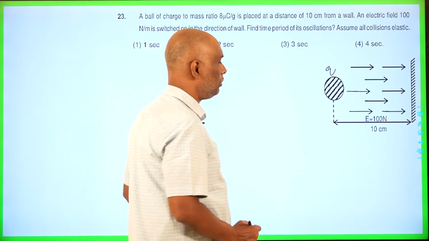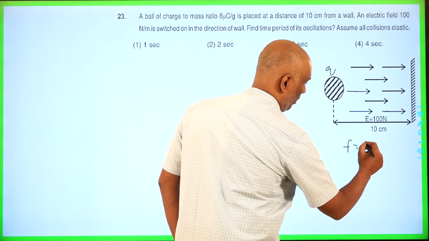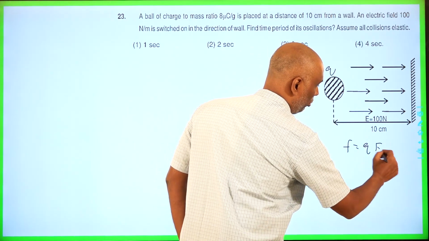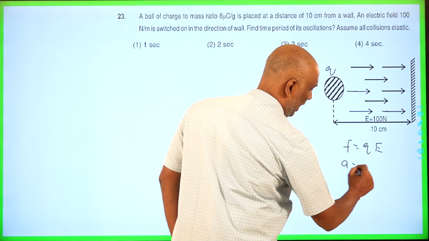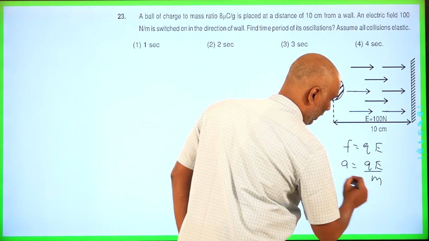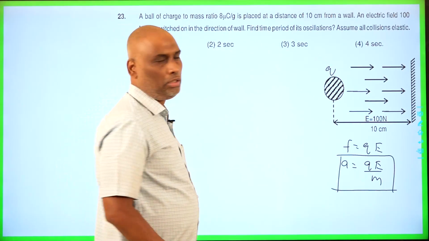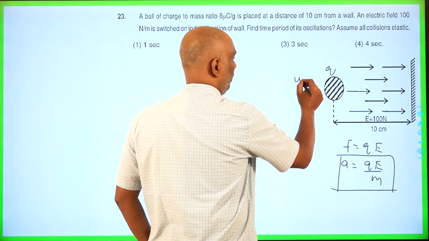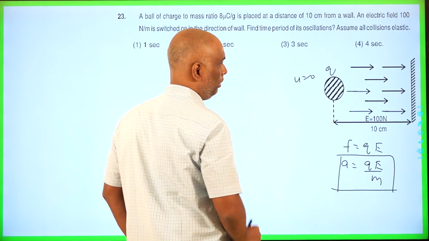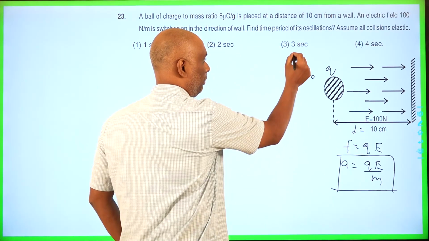Because of this, the force experienced by the charged particle is F equal to QE, and hence the acceleration becomes QE divided by m. The body is moving from rest, so initial velocity is 0. It has to travel a distance d equal to 10 centimeter.